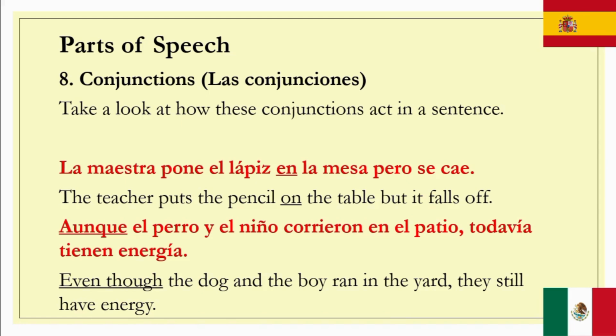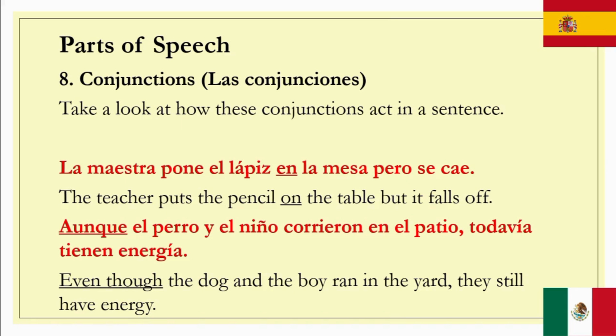Don't think about the underlined prepositions there, but the but there. This is the conjunction, pero, in Spanish. La maestra pone el lápiz en la mesa, it connects to the se cae. So the pero here is the conjunction.